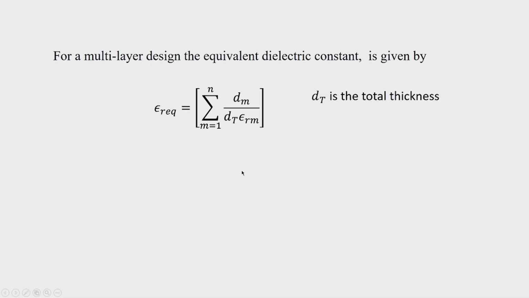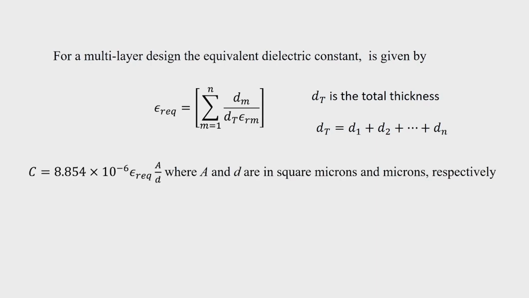For a multilayer design, the equivalent dielectric constant epsilon r equivalent is given by, if we have n number of dielectric layers, each having dielectric constants epsilon rm, and dm is the thickness of individual layers and dt is the total thickness, then we can write dt is equal to d1 plus d2 plus dn, and C can be finally calculated in terms of 8.854 10 to the power minus 6.